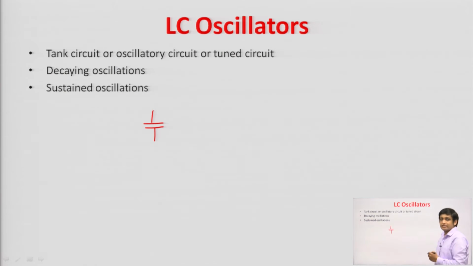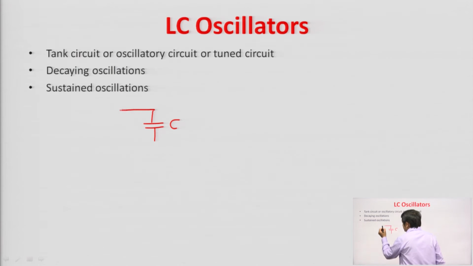This is capacitor C. Now, if this capacitor C is fully charged, meaning we connect this capacitor C across a battery and it is fully charged, and if we connect this capacitor C in parallel with an inductor, that is this one.